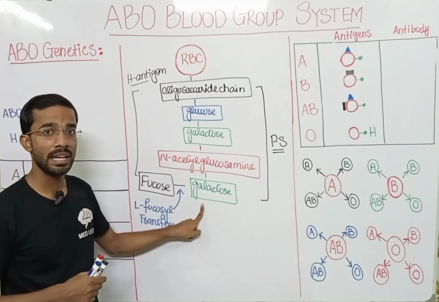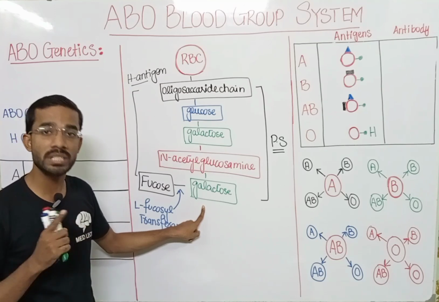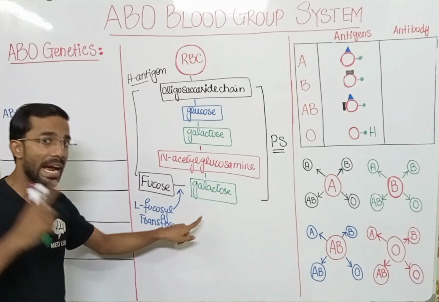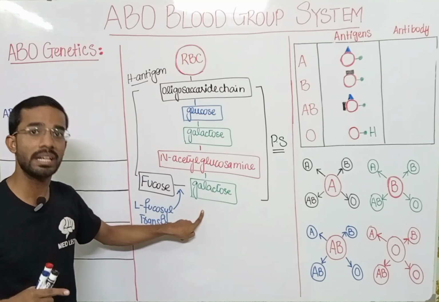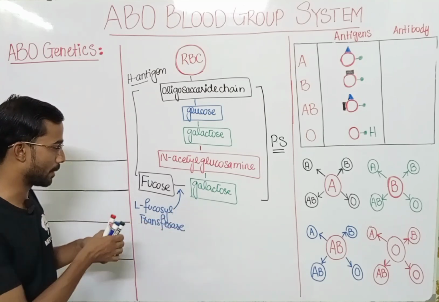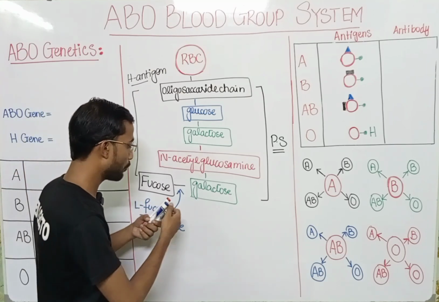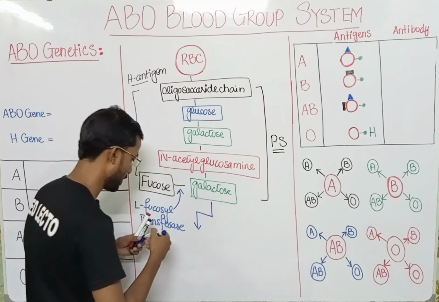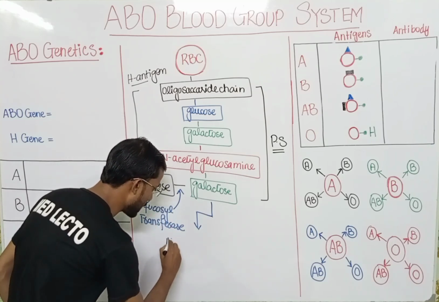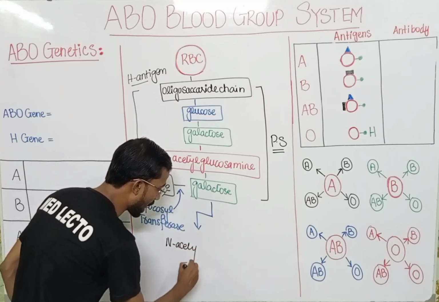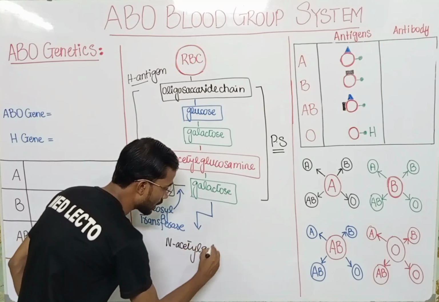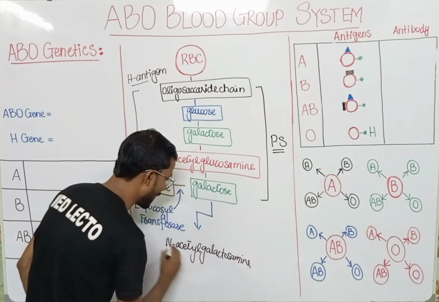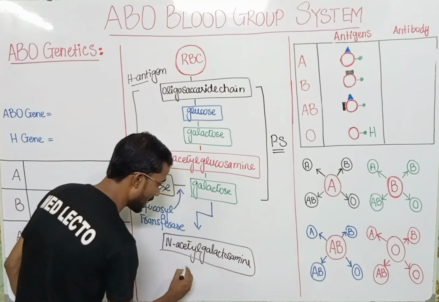If I add N-acetyl galactosamine to the galactose, then it will become the A antigen, and if I add D-galactose to the galactose, then it will become the B antigen. So it has two options. First, if I add N-acetyl galactosamine, it will become the A antigen.